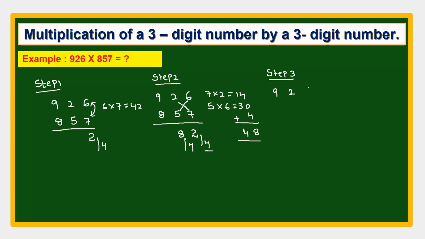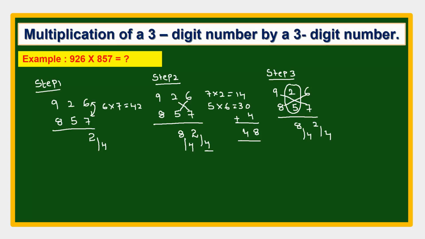926, 857. Right. Already we performed 2 steps. We got 8 and carry forward 4 down here and 2 carry forward 4. Right. Now what we have to do is multiply 7 by 9, means these two. Multiply 8 by 6, these two, and multiply 5 by 2, these two.